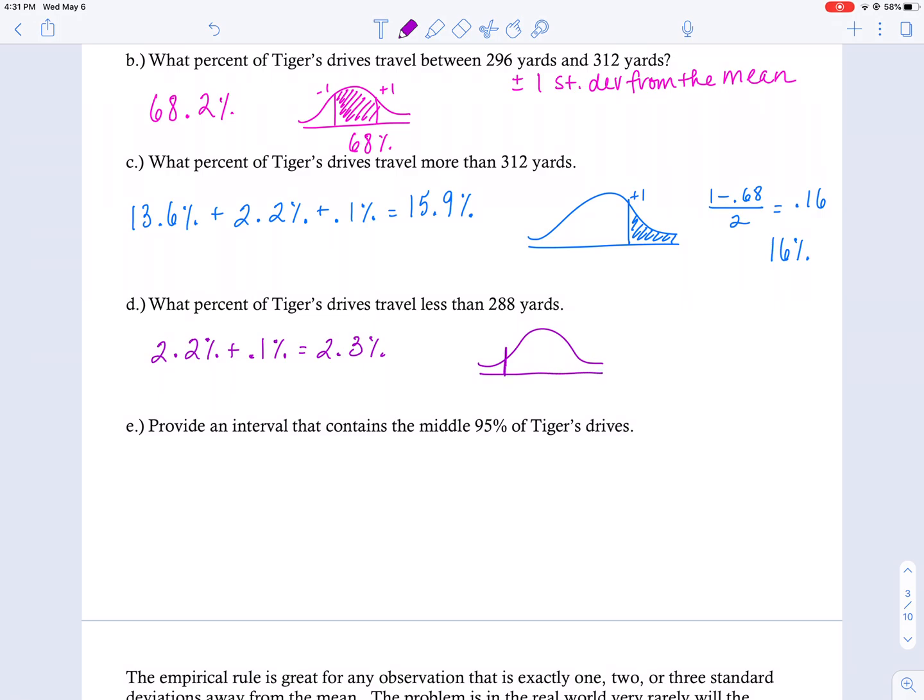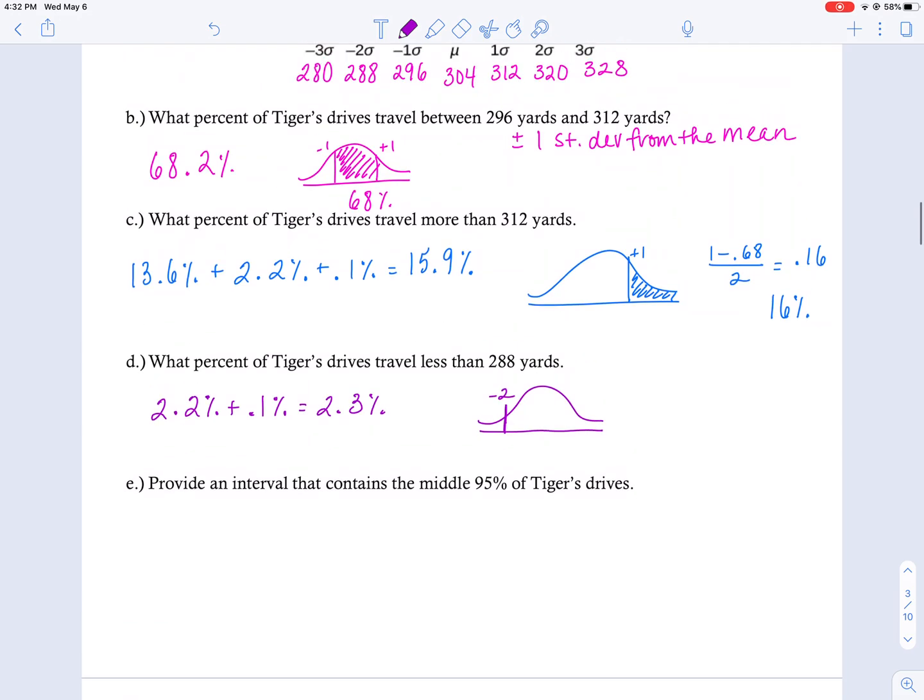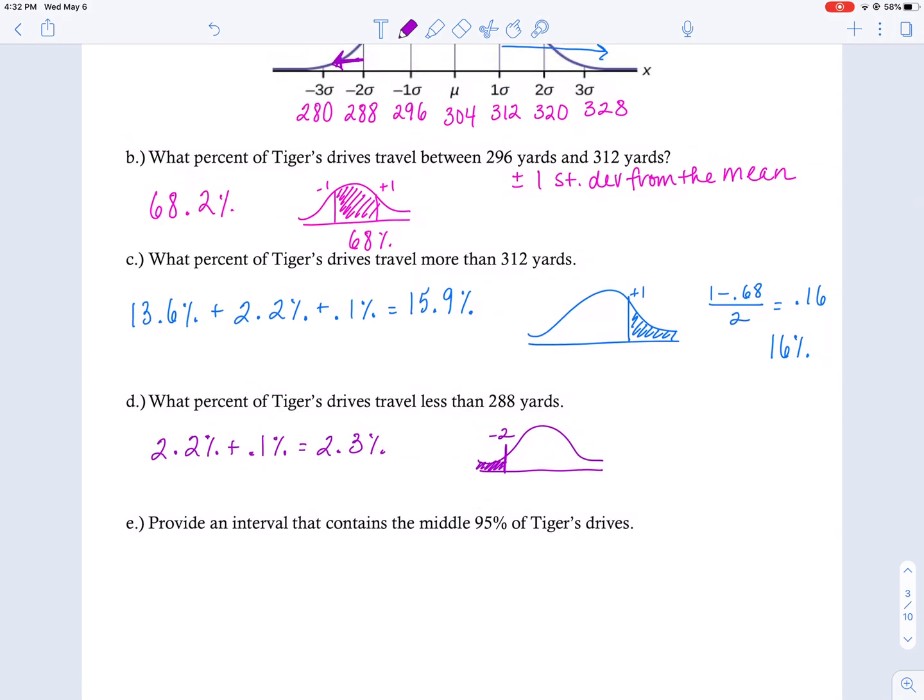Now, if I want to think about my curve, this is underneath the 2 standard deviations. That's where 288 was, right? Everybody sees that. So think about within 2 standard deviations. Within 2 standard deviations is 95%. So take 1 minus 0.95. That's going to give you the 2 outer sections.